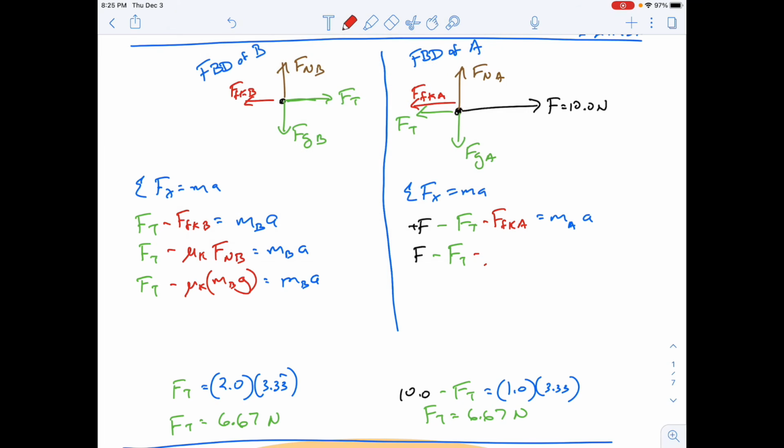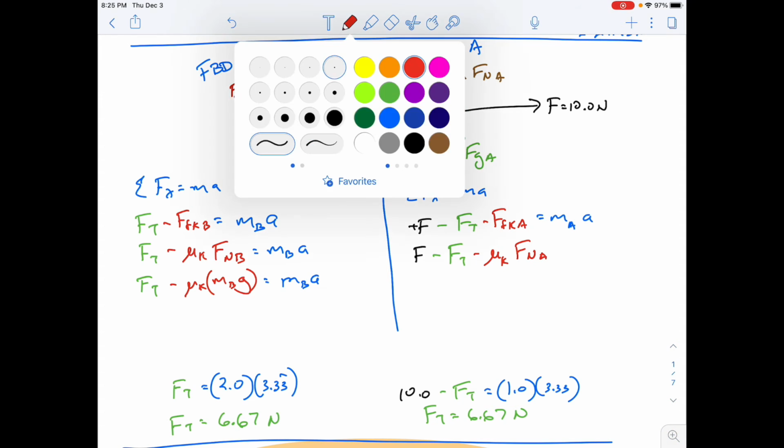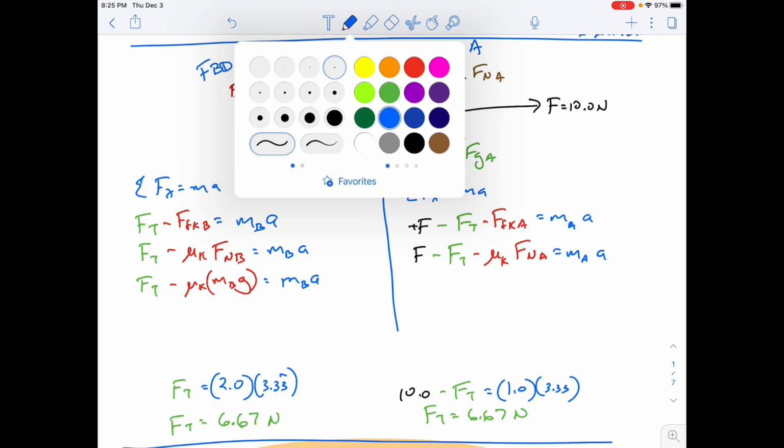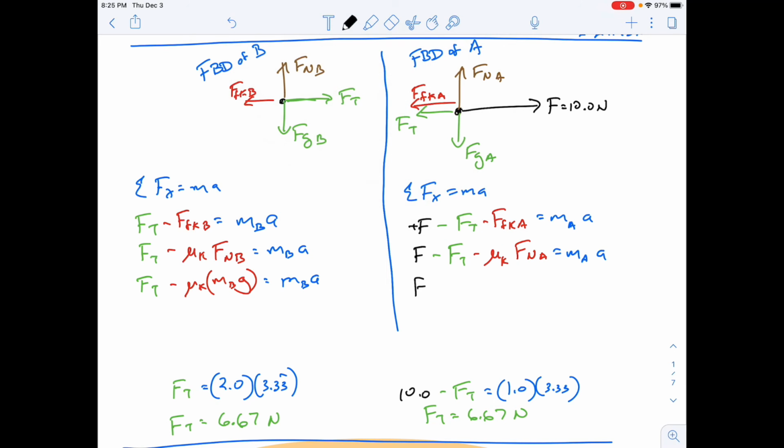Same concept as before, except we got now an extra force to deal with. And I'm just going to take this home with the appropriate substitutions. And again, because there's no angles involved, the normal force isn't changing, so the normal force is going to be equal to the weight of A in these simpler problems.